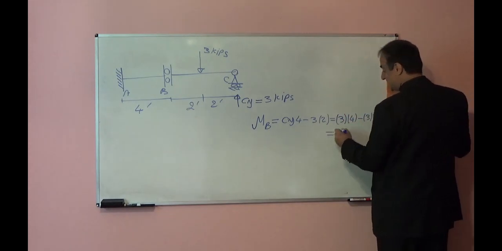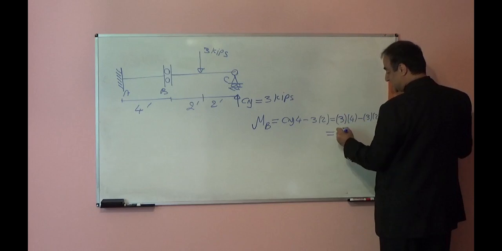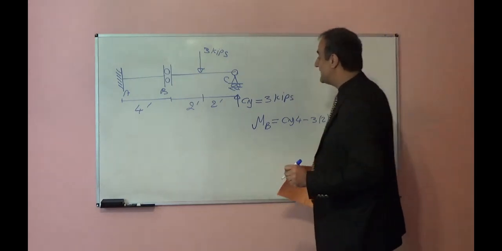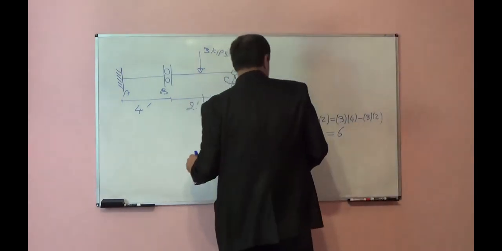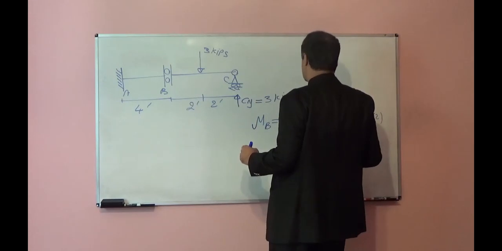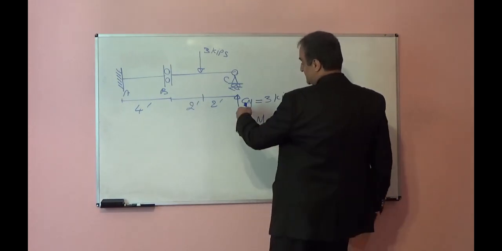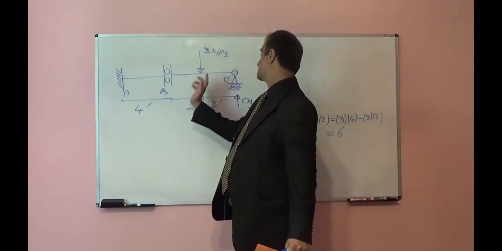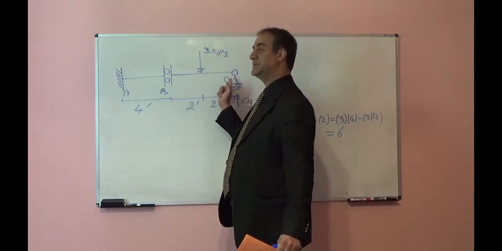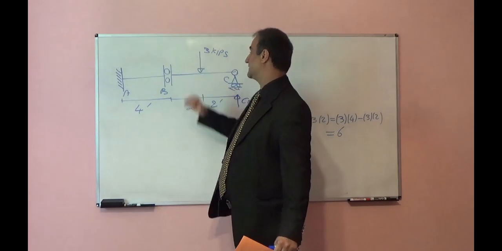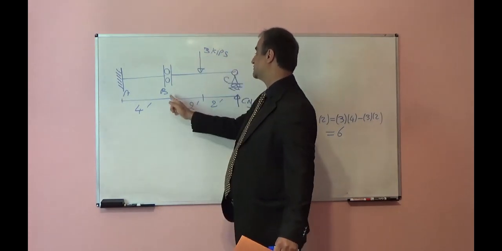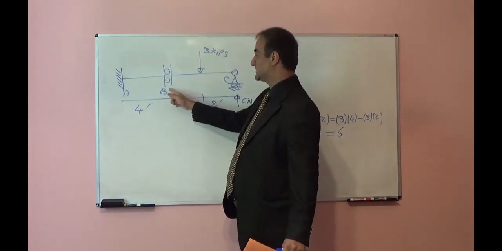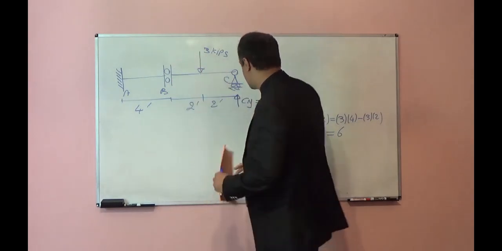From here that will be 12 minus 6, 6. So MB will be 6 kips feet. You see Cy times 4 wants to rotate this piece, the BC piece, counterclockwise. 3 times 2 wants to rotate with respect to point B clockwise.